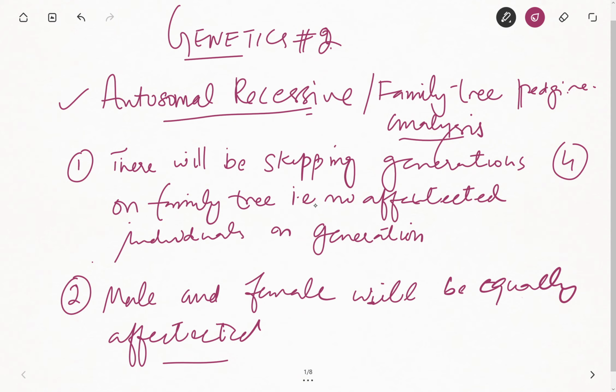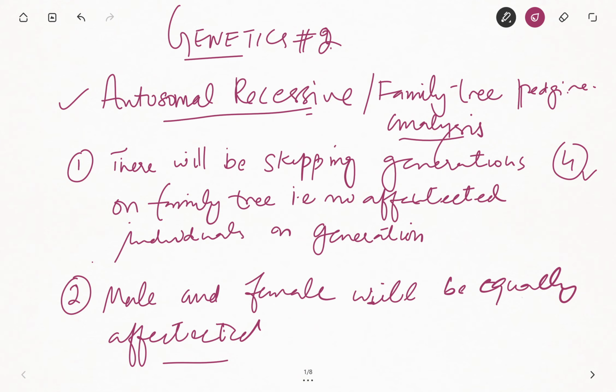So there are four features on a pedigree to say that this condition is an autosomal recessive condition. The first feature is that there will be skipping of generations on the family tree, such that there will be no affected individual in some generations. We say that only in autosomal dominant conditions there will be an affected individual in every generation.